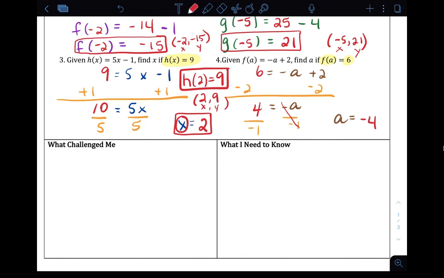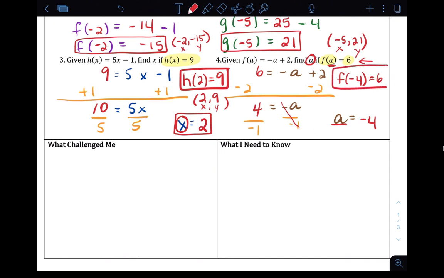Now this is an acceptable answer, and it's probably a good one that we talk about. This statement says when the output is 6, they're asking what is the input. So we could say f of negative 4, because my a value is negative 4, and I can replace that, equals 6.